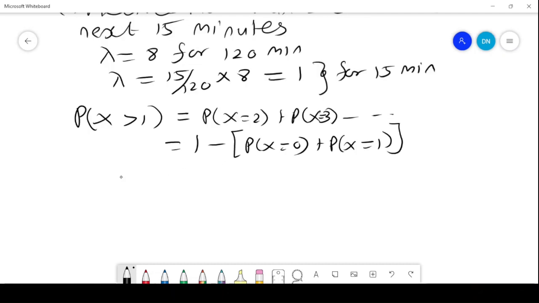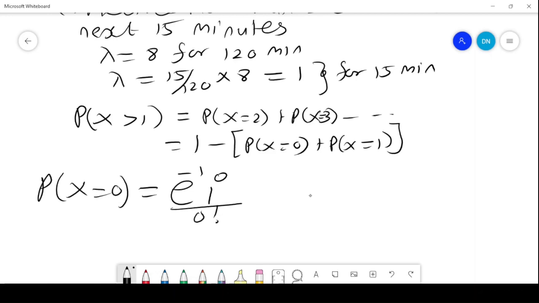For the probability that x equals 0, it is e raised to the power negative lambda, and we know our new lambda is 1, so 1 raised to the power 0 over 0 factorial, which is e raised to the power negative 1.